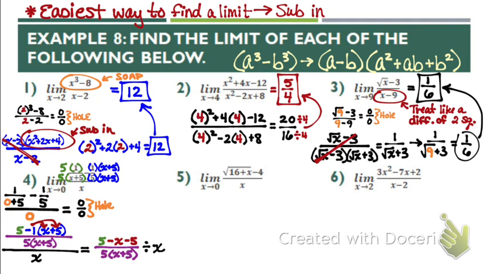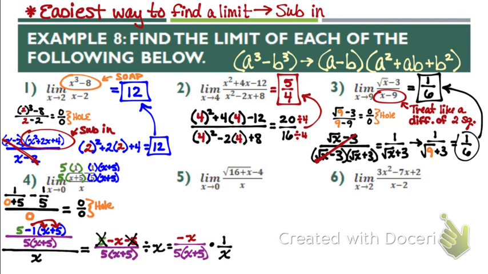What happens in this numerator? Yeah, the 5s cancel, and I have negative x up in my numerator. So I've got negative x over 5 times x plus 5. If I am dividing something by x, that is the same as times 1 over x.